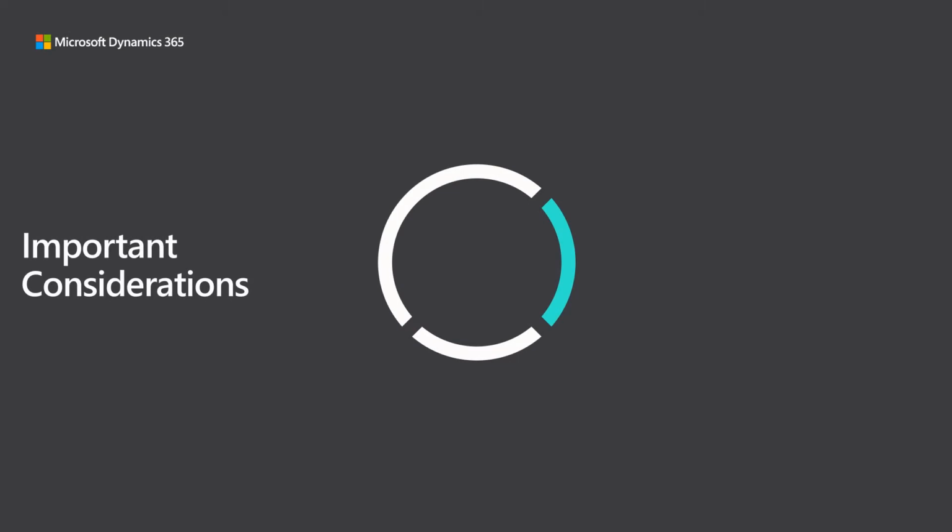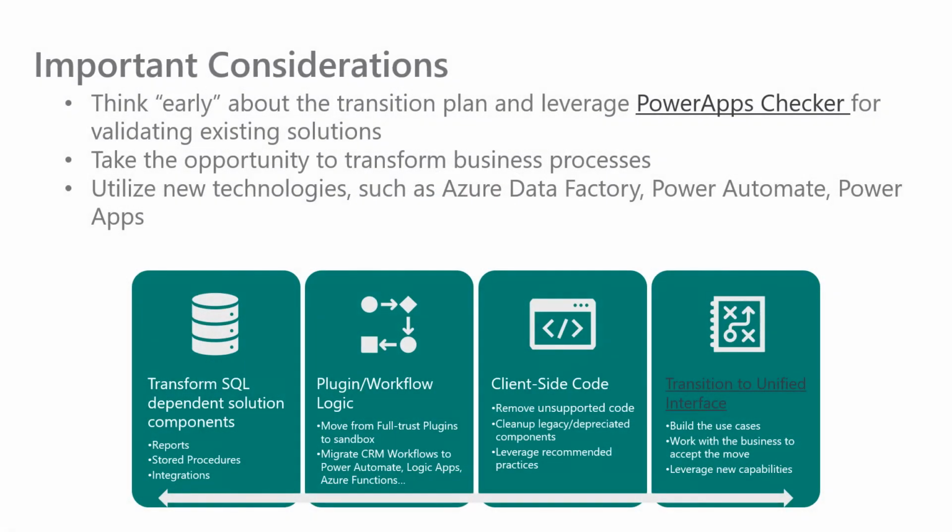Let's go over some important considerations about this migration approach. There are a few things to consider when using this migration service. Start thinking about your transition plans and leverage tools such as the Power Up Solution Checker to validate the existing solutions. Consider how you will transform any SQL-dependent solutions, such as reports, stored procedures, and integrations.